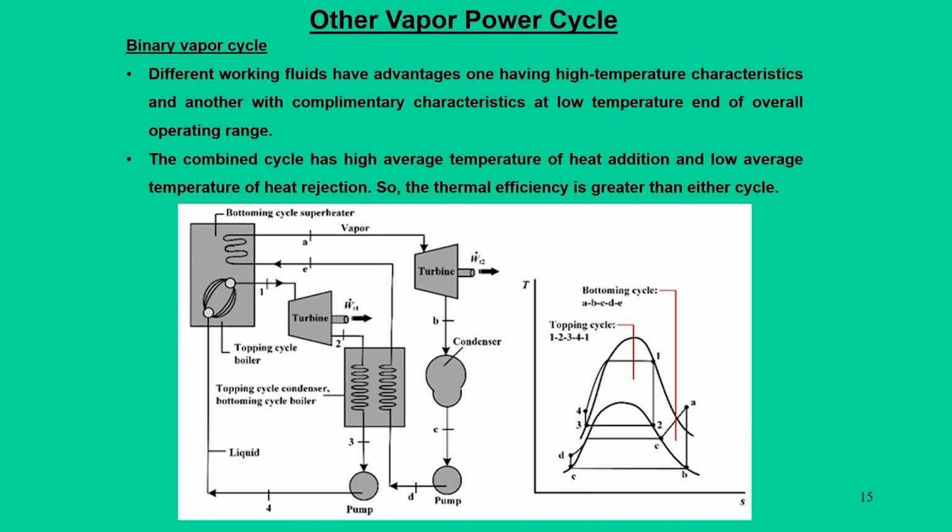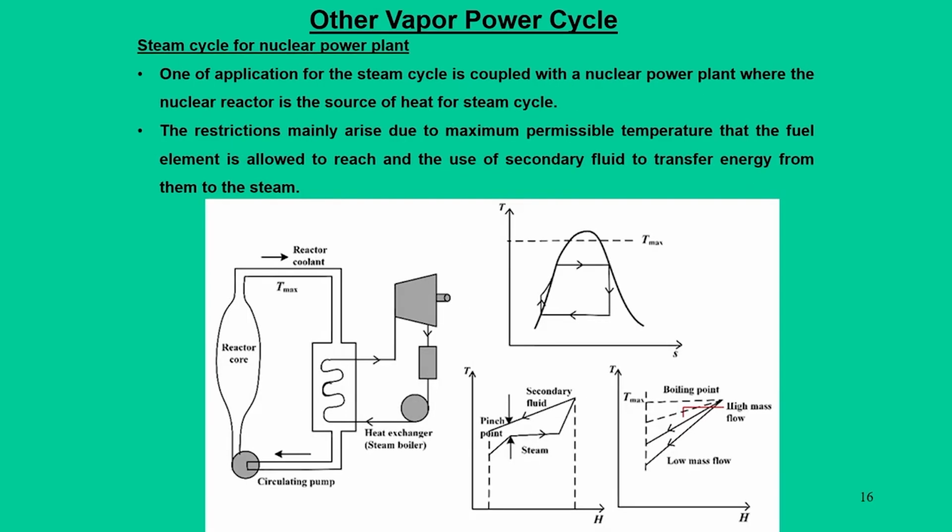Through this process, the advantage we get is that the combined cycle has a higher average temperature of heat addition and a lower average temperature of heat rejection, and of course thermal efficiency is greater than either cycle. That means the combined thermal efficiency is higher than that of either cycle.